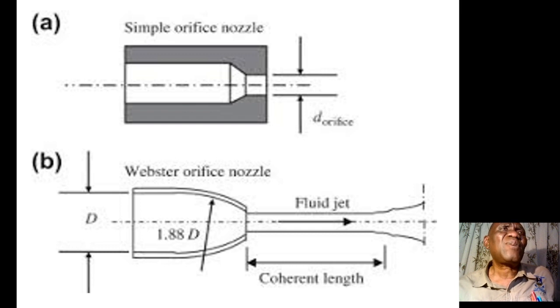So this is what it looks like. It's just like a pipe where fluid is fed into it, and at the other end you have droplets being formed. The difference with the first one is that probably the nozzle at the end is a bit wider.